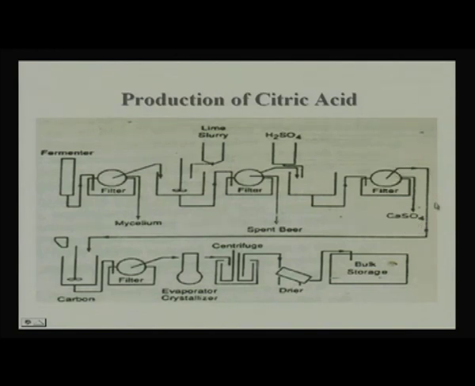This broth again comes to the activated carbon bed, and then we filter it again, evaporate and crystallize, centrifuge again, and we get the dried product and go for storage. Entirely different process of separation.